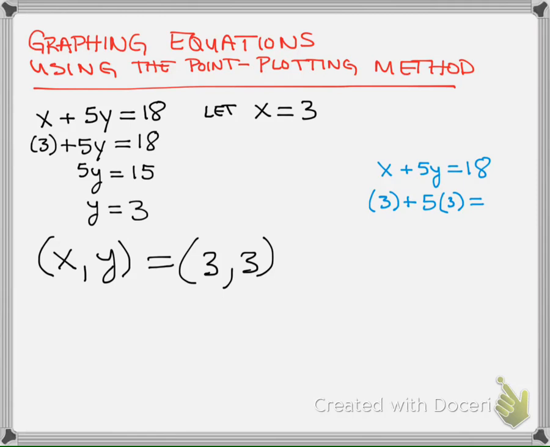What we want to know is, does this equal 18? Solving the left-hand side, we have 3 plus 15, which equals 18, and 18 is equal to 18. When both sides are equal to one another, then the point represents a solution to the given equation.